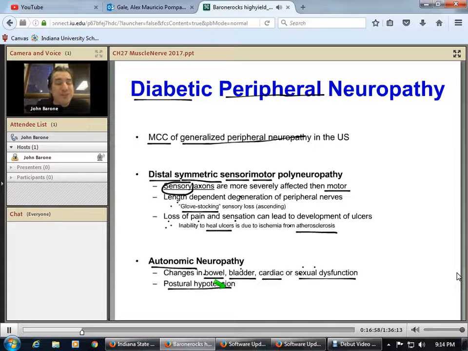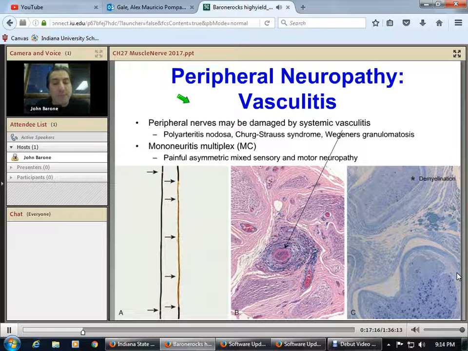So unfortunately, you start losing that. They also tend to get postural hypotension. When they stand up, they get hypotensive because the autonomics control that, so they get lightheaded when they stand up quickly. So diabetes and neuropathy, big problem.